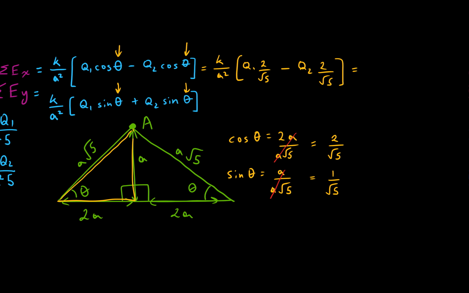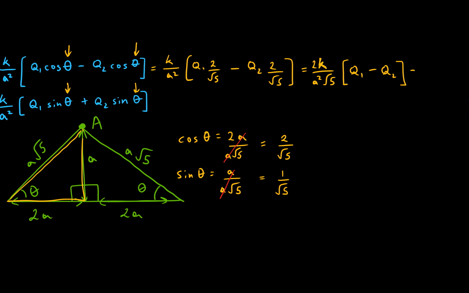Now both of those are in common, so I could factor those out and say, okay, 2k over a squared times the square root of 5 multiplied by q1 minus q2 is equal to the sum of the electric fields in the x direction at point A.